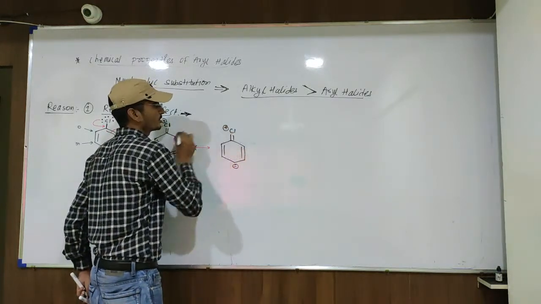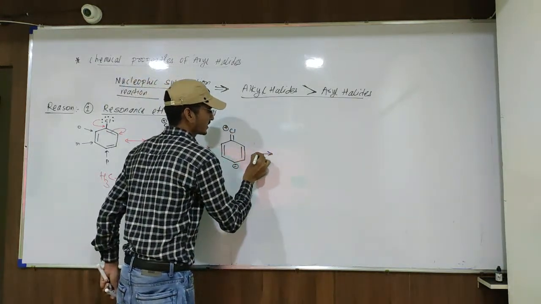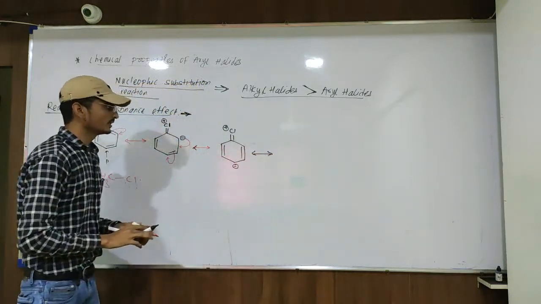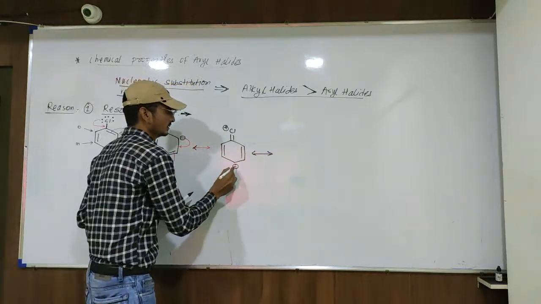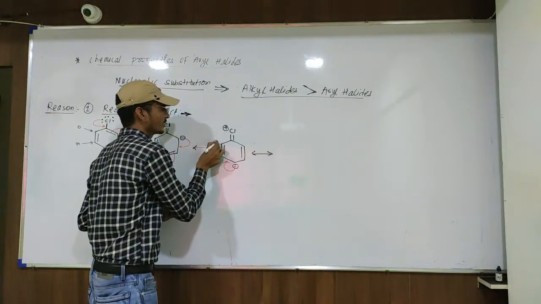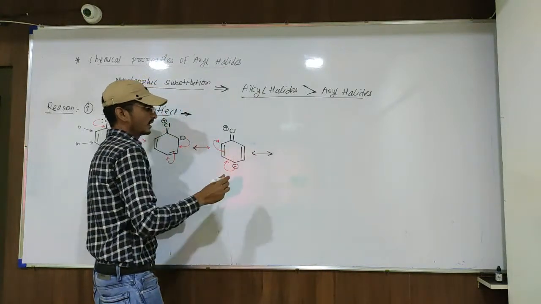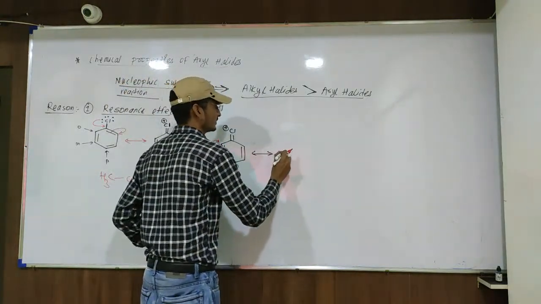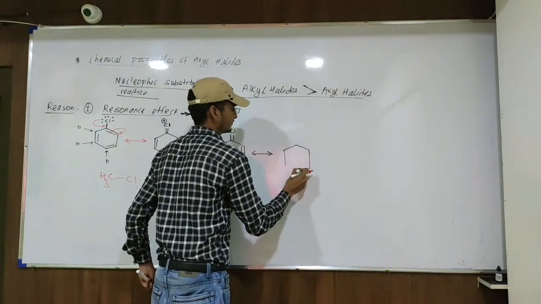Again, in the next case, this negative charge is in resonance with the next pi bond, this pi bond breaks, and you will get the next structure. The structure is like that.